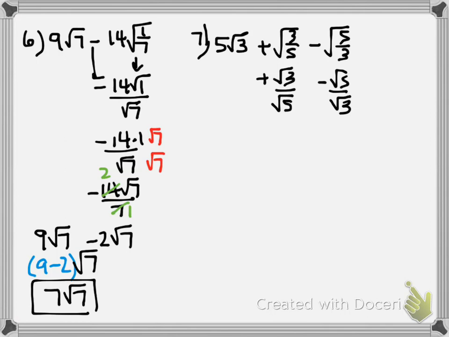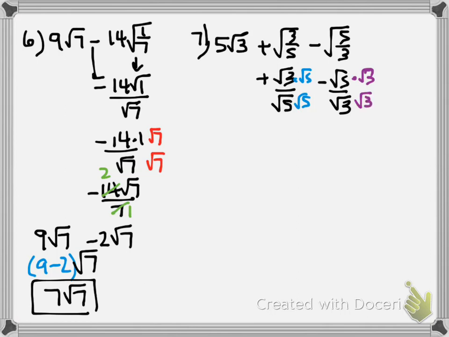So how am I going to rationalize the denominator on the radical 3 over radical 5? Top and bottom are going to get multiplied by radical 5. What about the radical 5 over radical 3? Multiply top and bottom by radical 3.